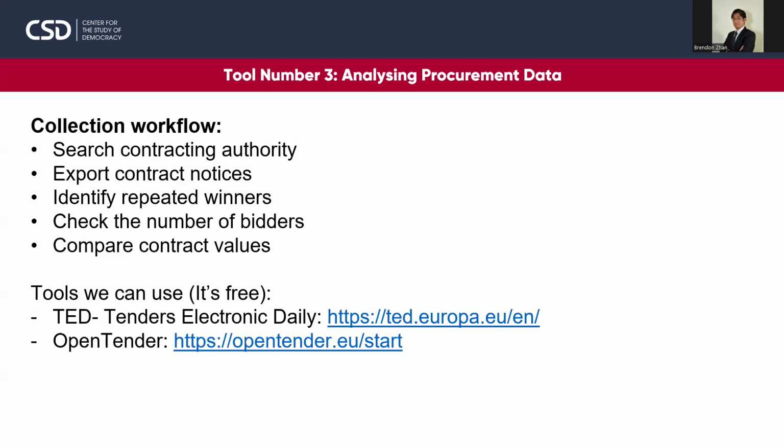If you see any repeated contract winners, that normally means market dominance or some sort of risk. Low numbers of bidders can indicate weak competition. This is the kind of investigation you can carry out. There are two free tools that are especially useful: TED, Tenders Electronic Daily, and Open Tender. Both of them are free.